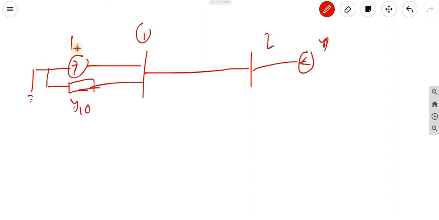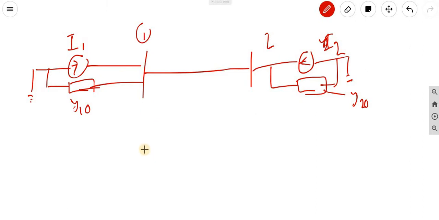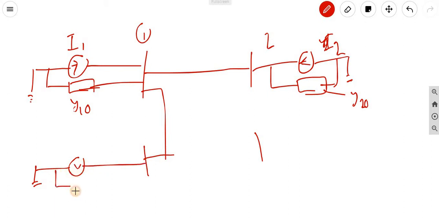This is a current source, current injecting from bus 2, and the admittance is Y20, and for this Y30, this is bus 3, and this is the load.